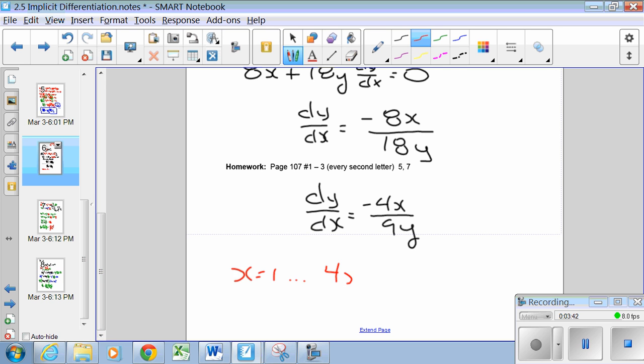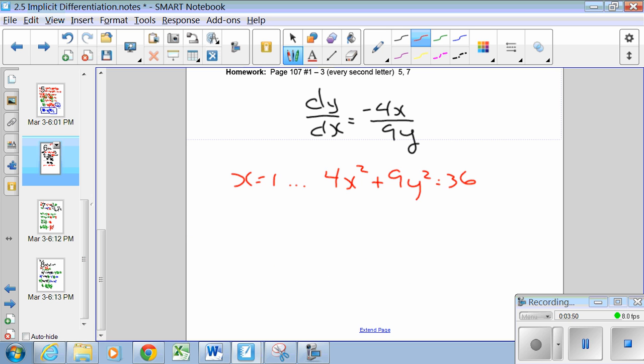Let's go with 4x squared plus 9y squared equals 36. Put x equals 1 into the equation. And the reason I'm doing this is that knowing only that x equals 1 isn't enough information to give me the slope. I have to know the y value to know the slope at the point.